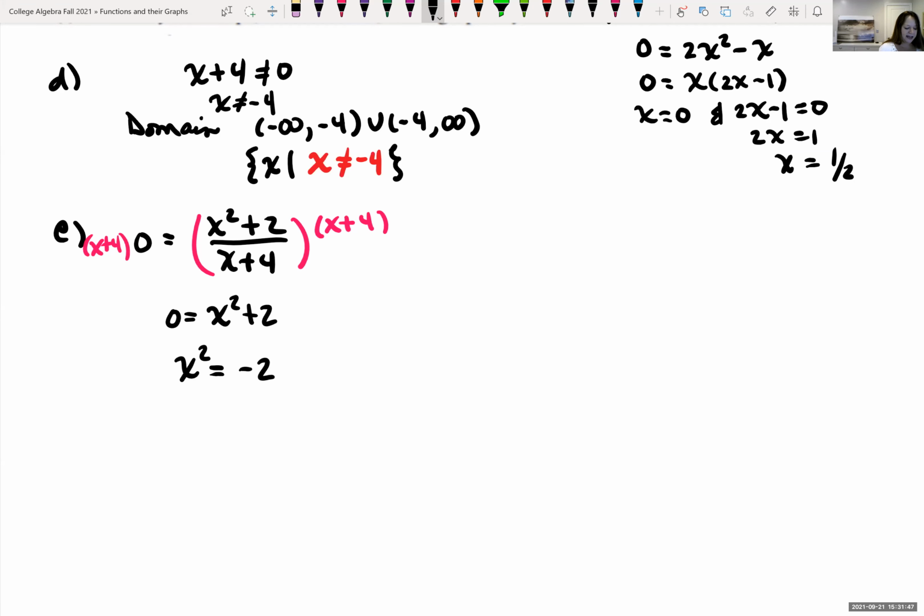But I noticed that I have x squared equals -2, so this is not going to give me back a real number. If you had done this, this would have been plus or minus i root 2. This is not real. So since we didn't get a real number back when we set that equation equal to 0, this has no x-intercepts.